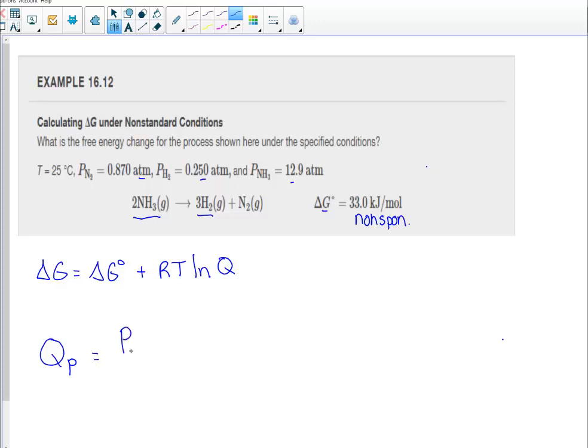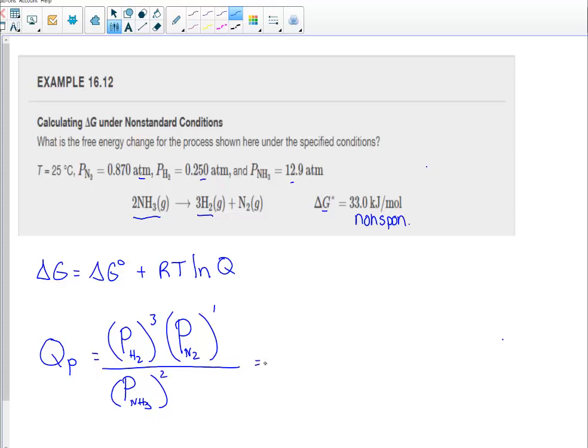The partial pressure of hydrogen cubed times the partial pressure of nitrogen raised to the first power, its coefficient, set over the partial pressure of ammonia, which needs to be squared from its coefficient.